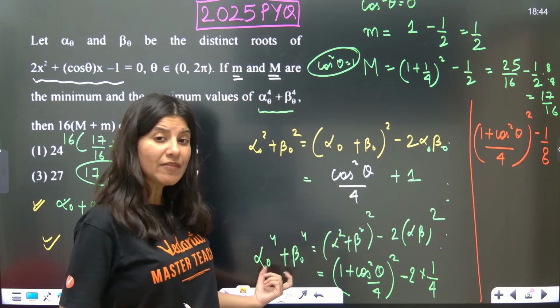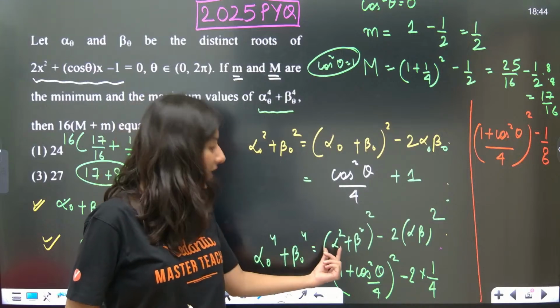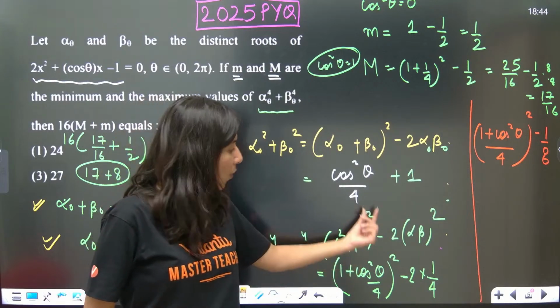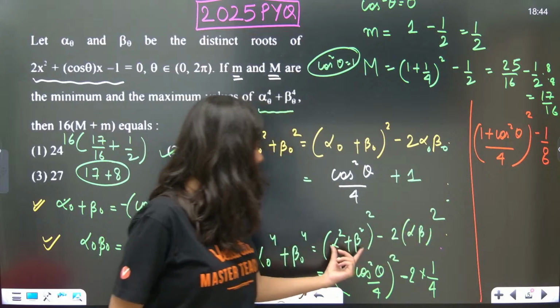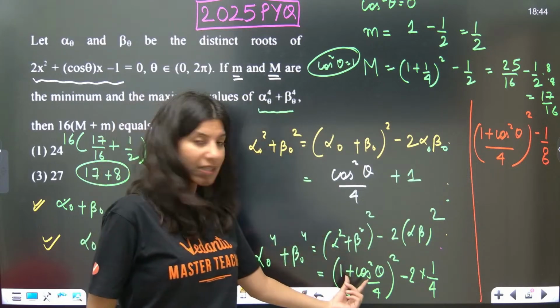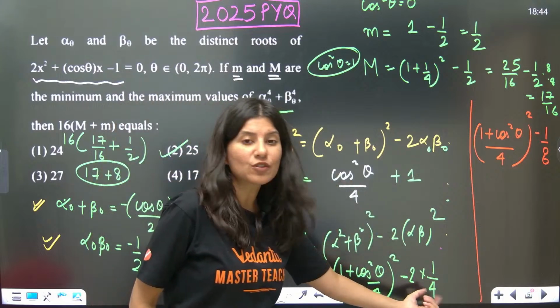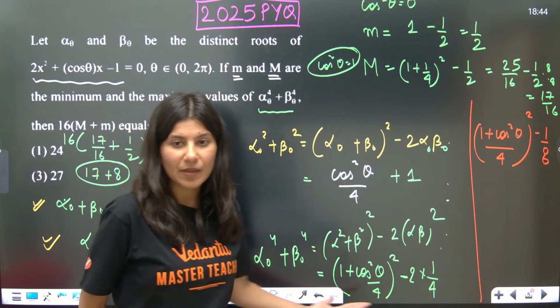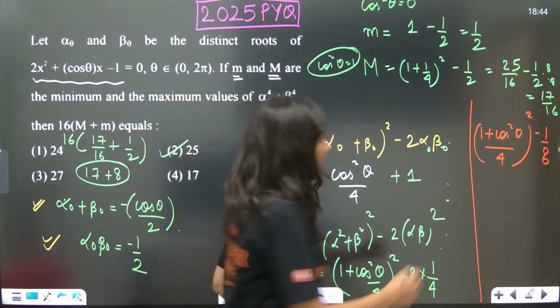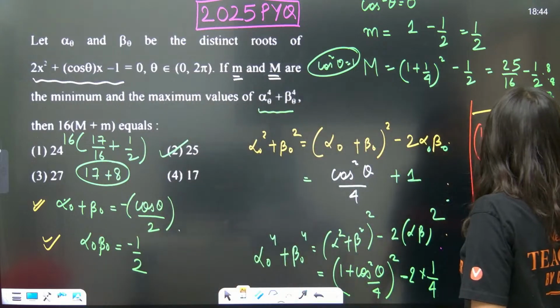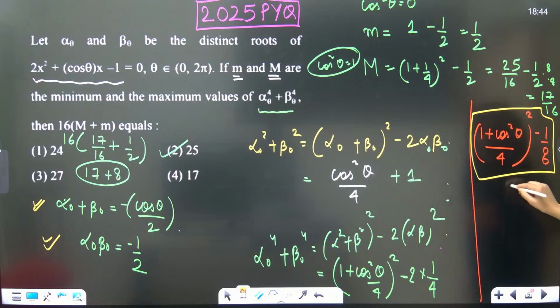Now alpha power 4 plus beta power 4 will be alpha square plus beta square whole square minus 2 alpha beta whole square. Now you have alpha square plus beta square. Put the value. Alpha beta is minus half, square is 1 by 4. So just plug in the value. This is the final expression of alpha power 4 plus beta power 4. You can see it over here.